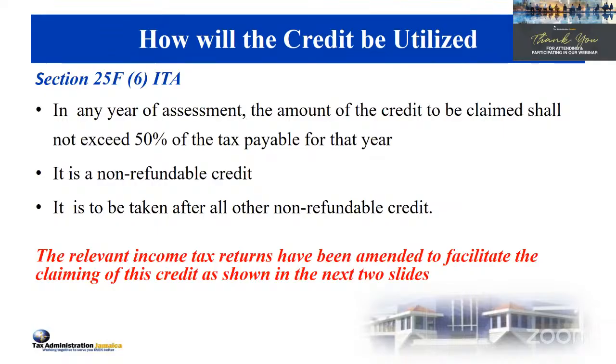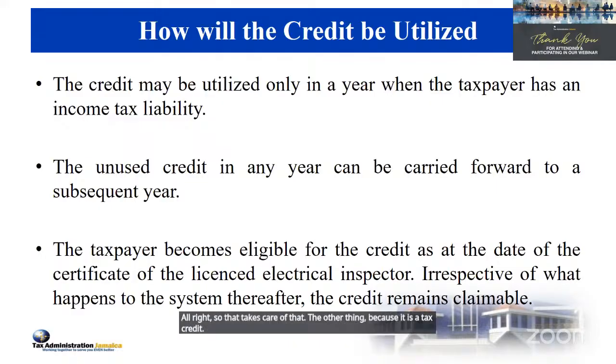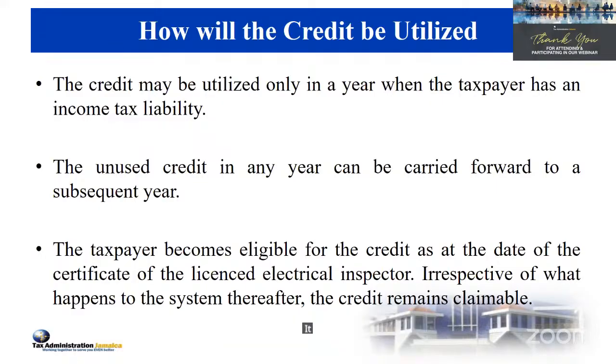All right, so that takes care of that. The other thing, because it is a tax credit, it can only be utilized in a year when you have a tax liability. So if you are an employed person or a pensioner who is not required to pay tax, then you cannot utilize a tax credit.